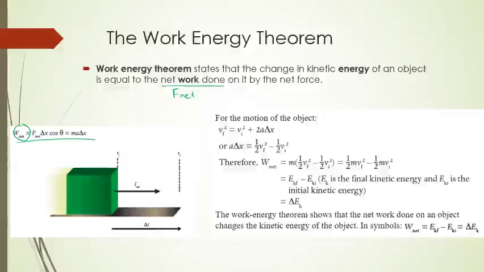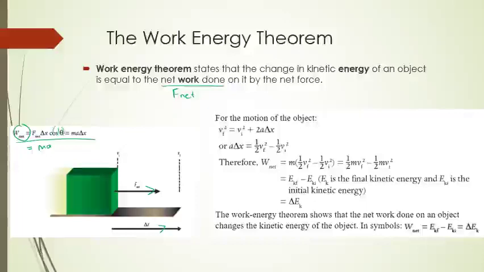And we can change force into something like mass times acceleration. And if the force is in the same direction as the movement of the box, we know that cos theta ends up becoming 1, because we substitute 0 degrees and then we get 1.